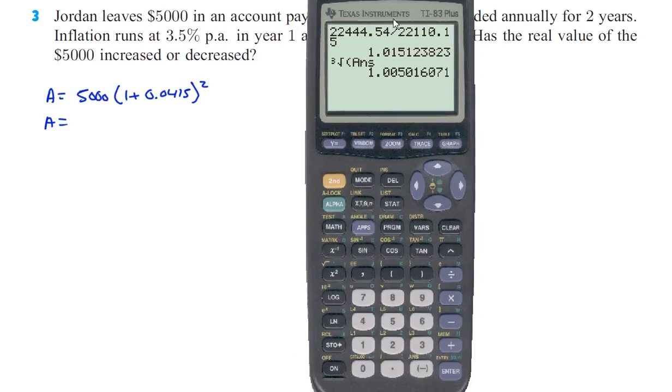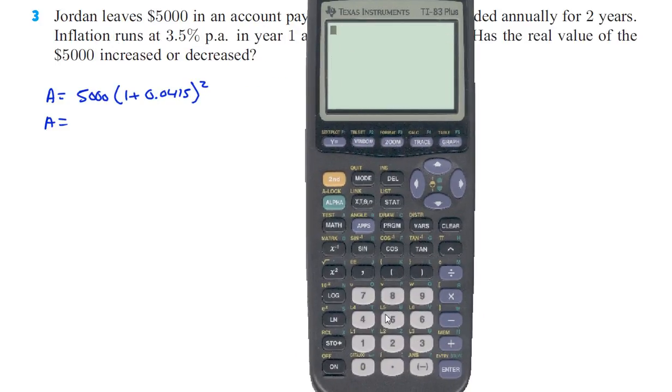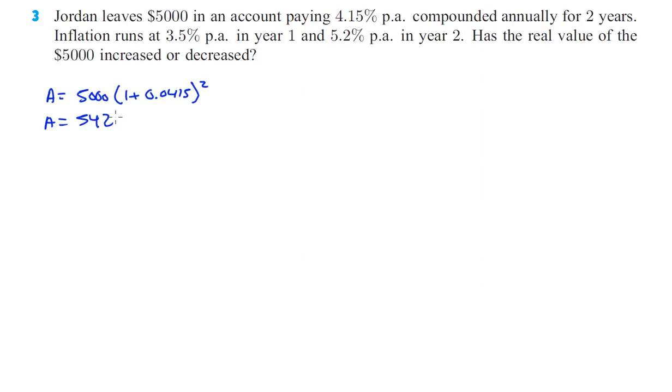So let's do 5,000 times 1.0415 squared, right? So 5,423.61.